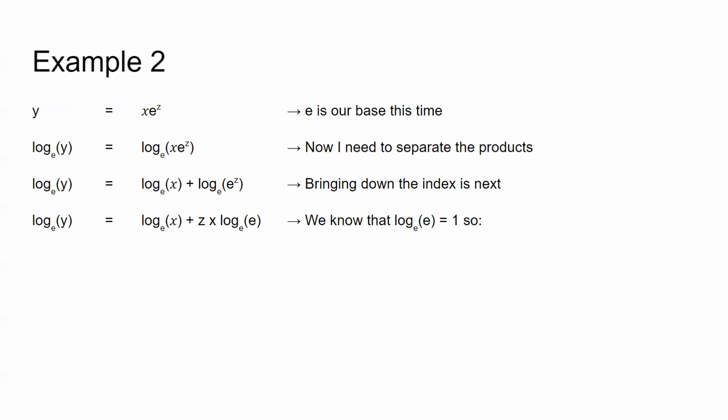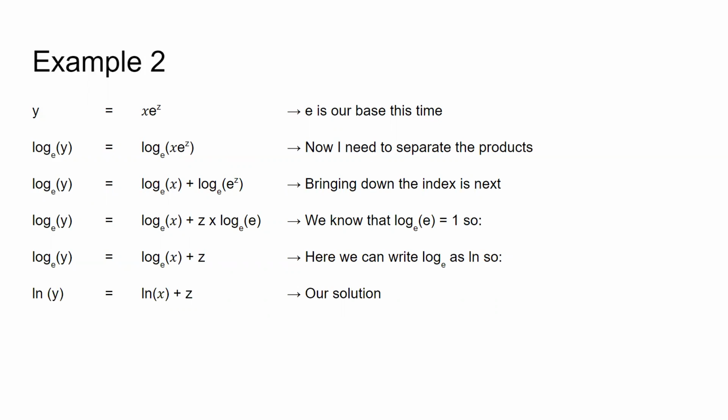And we know that log to the base e of e is 1, because anything where the base and the number in the bracket are the same is 1. And finally, I'm just going to make this match convention, and I'm going to change the log to the base e to ln. And that's our solution.